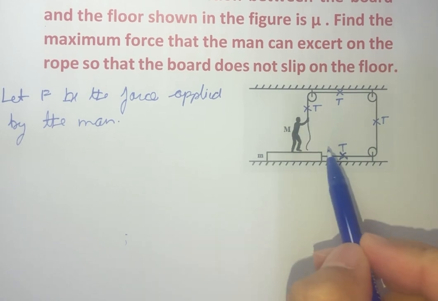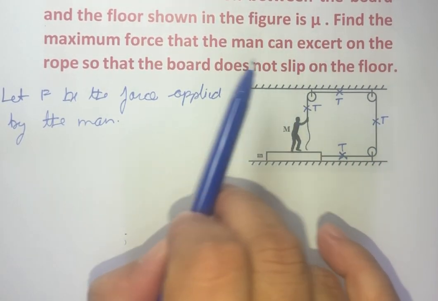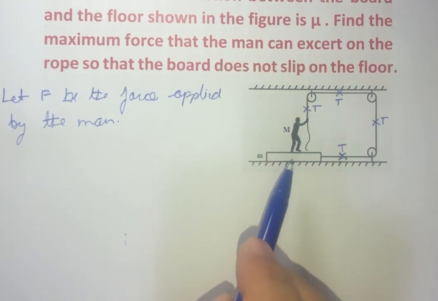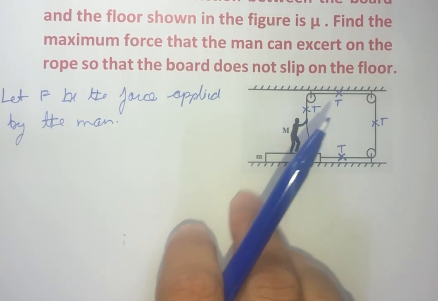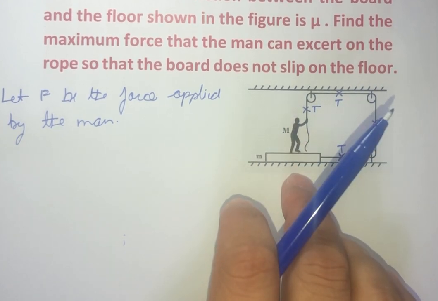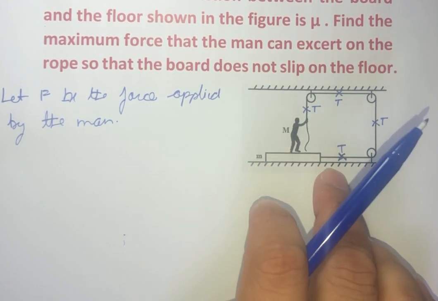Okay. Now it is said that the board should not slip on the floor. So it means the horizontal as well as the vertical components should be balanced.